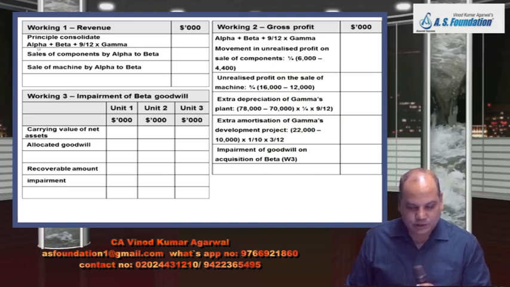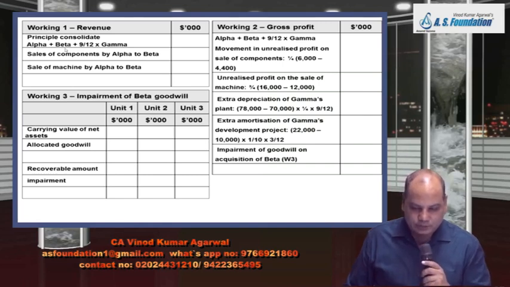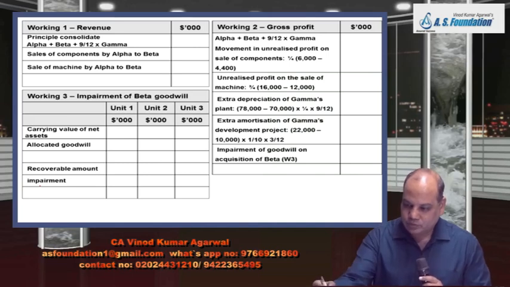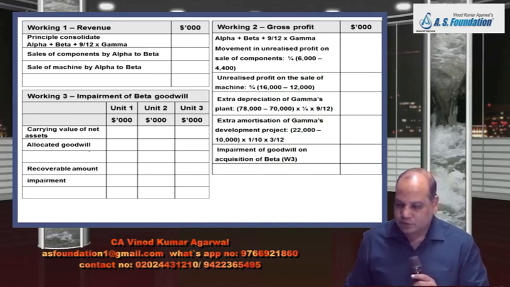Then you add alpha 4,20,000. Add beta 3,35,000. So how much it comes to? 9 lakh? Okay, so right here 9,74,000.